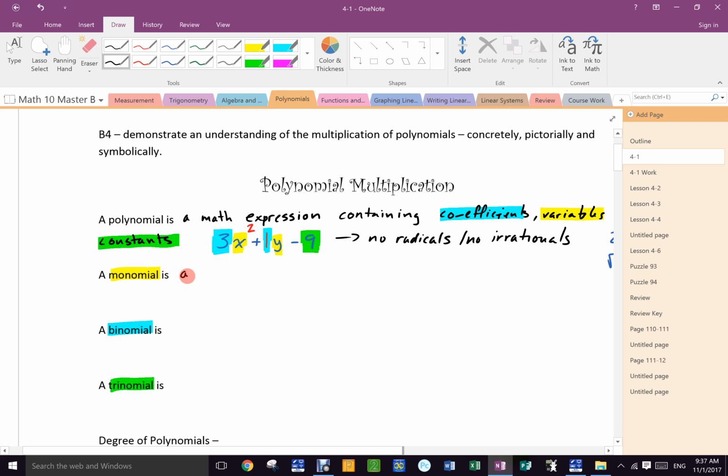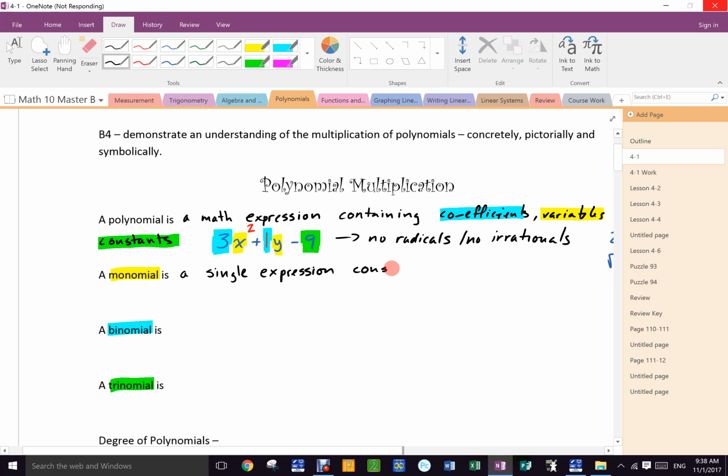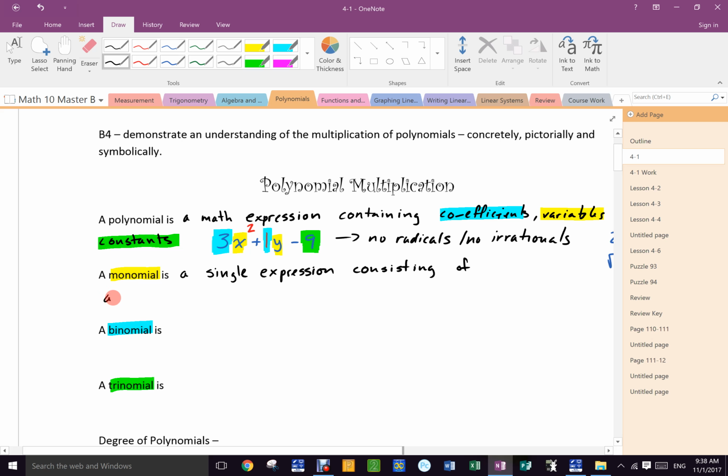A monomial is a single expression consisting of any combination of coefficients, vars, and exponents.